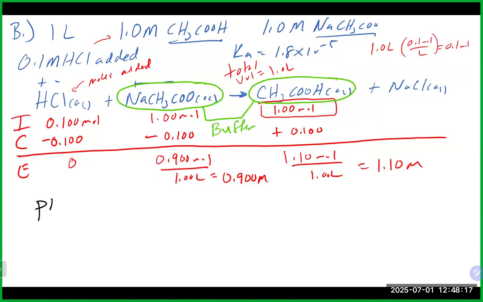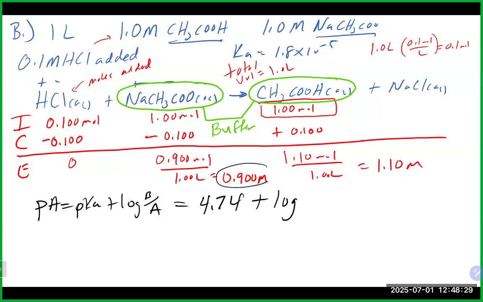The pH here will equal our pKa plus the log of the base over the acid. Same pKa value, 4.74, plus the log of the base, which would be this guy here, 0.9, divided by our acid, which would be that guy.